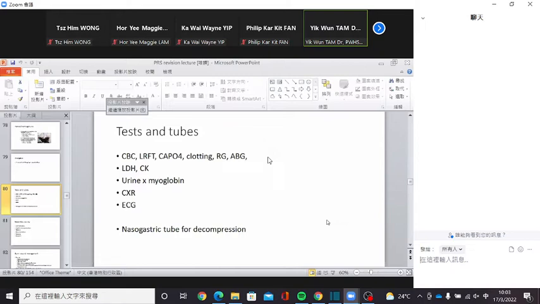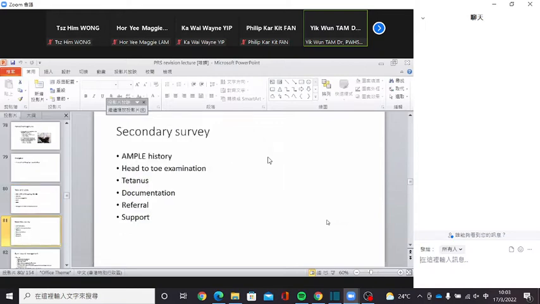ECG for cases with electrical burn or some sort of chemical burn that may cause cardiac arrhythmia, you always do it. Easily missed is putting an NG tube for decompression and at the same time start stress ulcer prophylaxis. So we complete with a secondary survey.